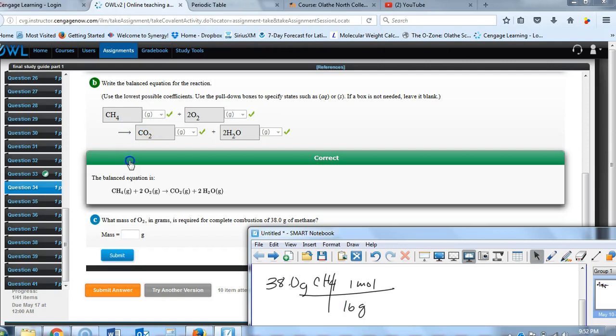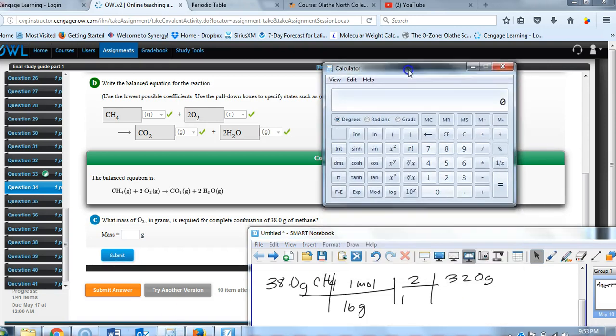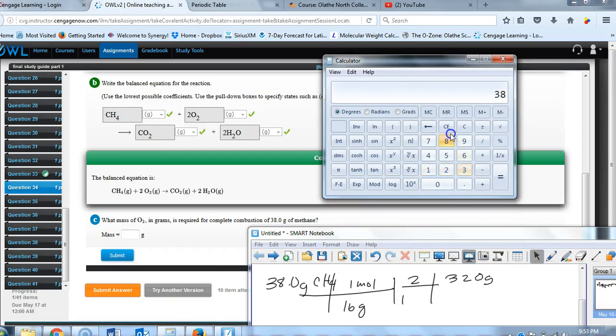My ratio, I have 1 mole of methane for every 2 moles of oxygen. And then oxygen has a molar mass of 32 grams per mole. So let's see if I can do this right this time. 38 divided by 16 times 2 times 32. 0.1979, we'll round that up to 0.198.